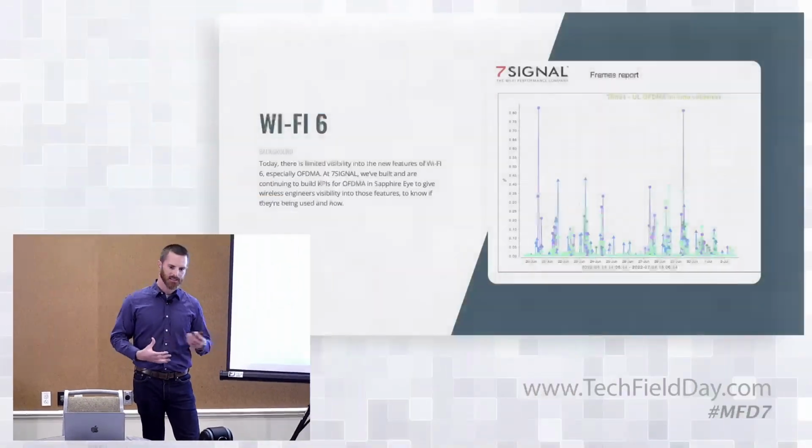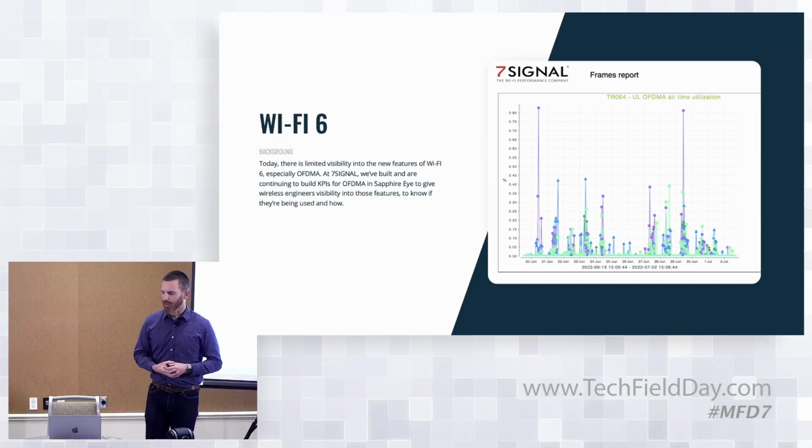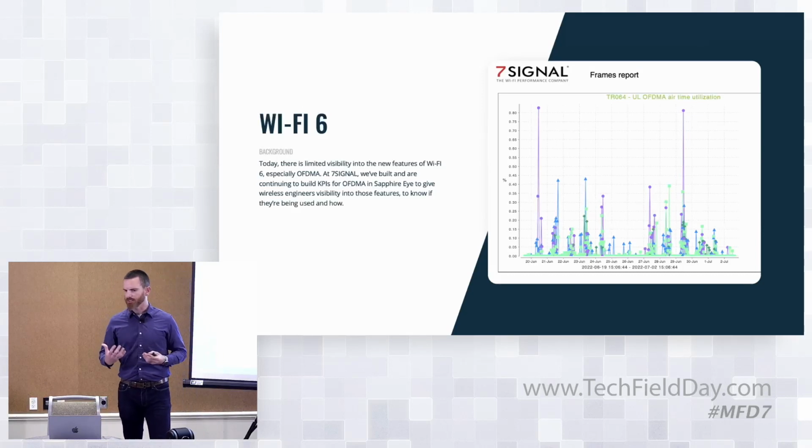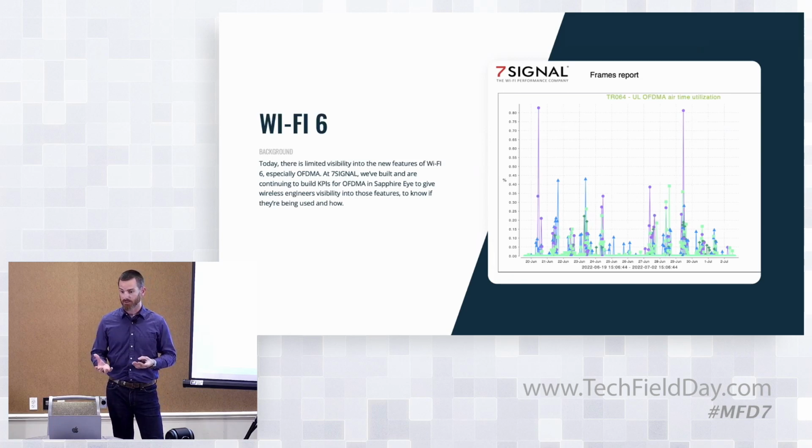So a new area for Sapphire Eye is Wi-Fi 6 specific analysis. We're just getting started with this now, and there's a lot of new features in Wi-Fi 6 that are brand new to Wi-Fi.